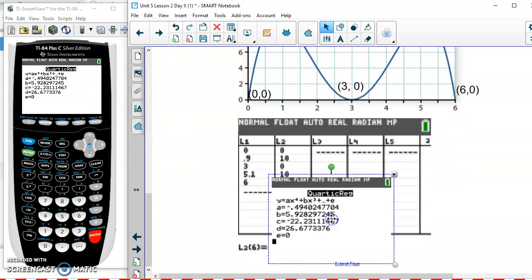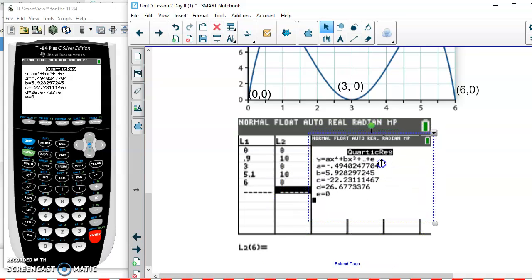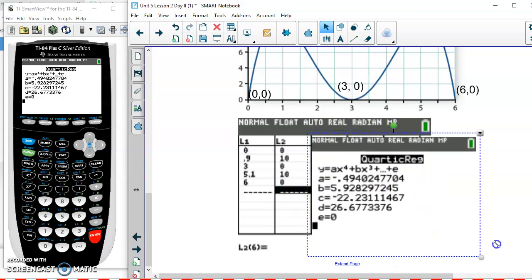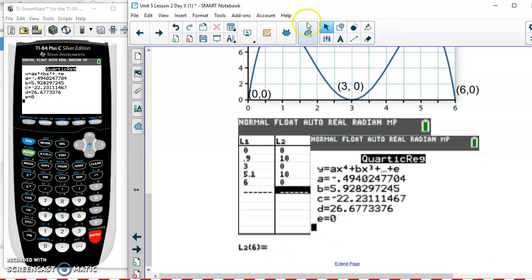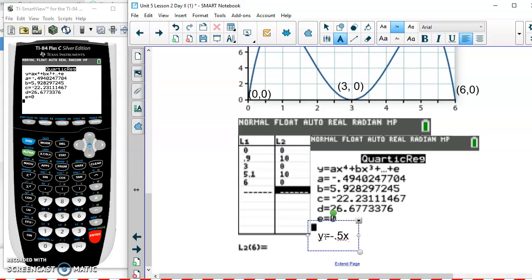So boom, boom, boom. All right. Here's our quartic. This is what shows up, and this tells us our equation. So our equation might look like this, right? Our equation would be y equals negative 0.5x to the 4th power, and I'll change that in a second, plus 5.9, so I'm going to say 6x to the 3rd power, minus 22x to the 2nd power, plus, and I'm going to round that to 27.